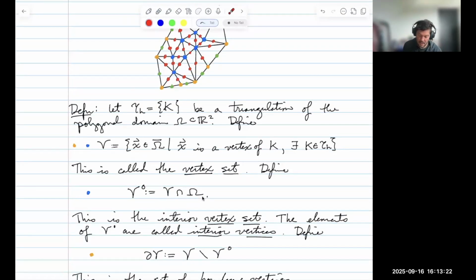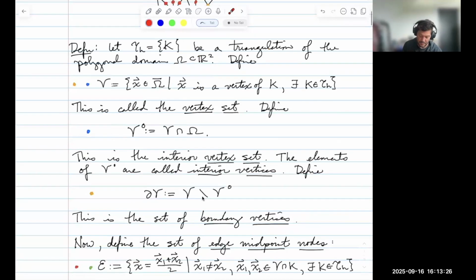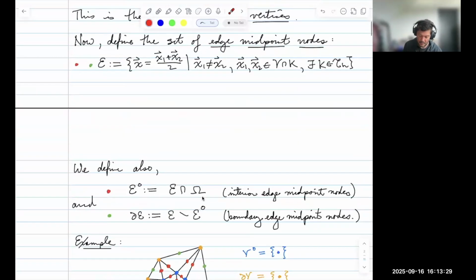We can take the intersection with omega, and that's going to get us the interior edge points. Edge midpoints, I guess we should call them. And then of course, if I take all the edge midpoints and subtract off the interior ones, that leaves only the ones on the boundary.